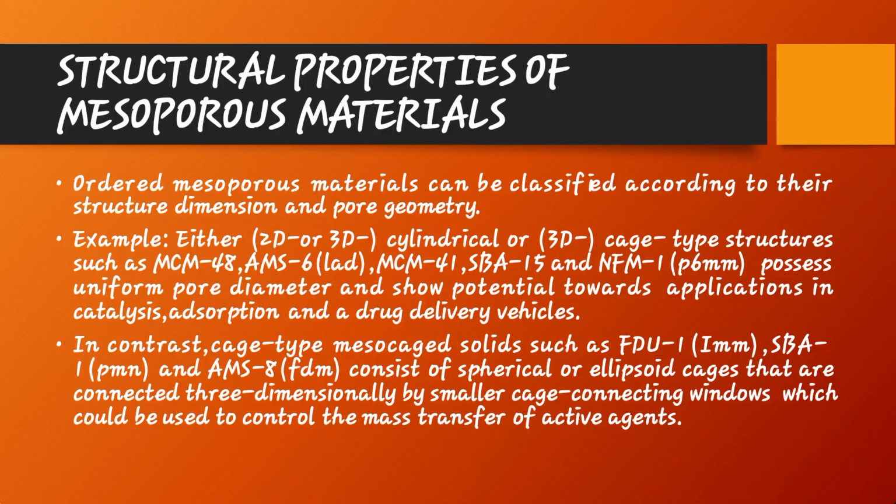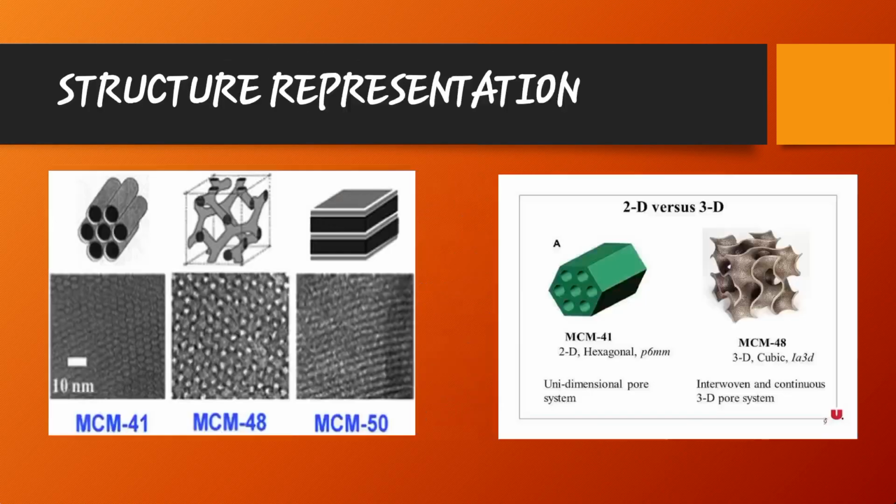In contrast, cage-type mesocage solids such as FDU-1, SBA-1, and AMS-8 consist of spherical or ellipsoid cages that are connected three-dimensionally by smaller cage connecting windows, which could be used to control the mass transfer of active agents.